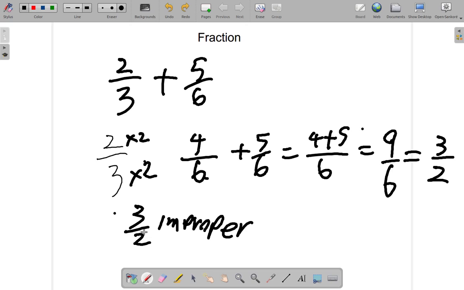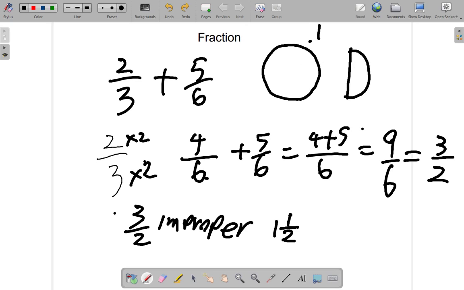If you say 2 into 3, how many 2s are there in 3? There is 1 and the remainder 1. So it's 1.5. 1.5 means 1 whole plus a half is 1.5.